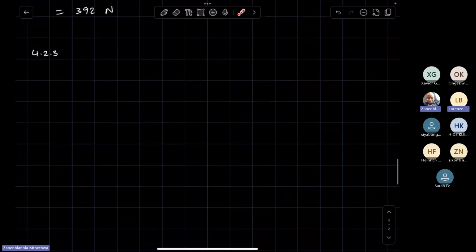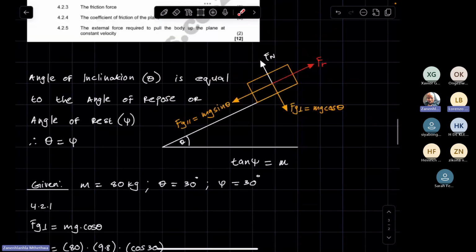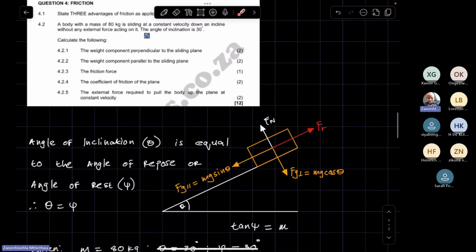Yes. So, because the conditions of equilibrium here are satisfied, it means that the vector sum of forces is equal to 0 because there's no acceleration. The sum of forces in the x direction is equal to 0. The sum of forces in the y direction is also equal to 0, meaning that forces going in one direction are equal to forces going in the opposite direction.